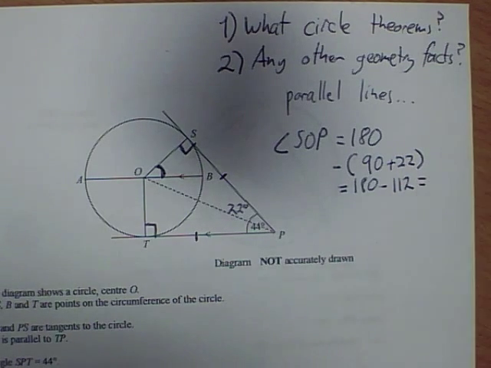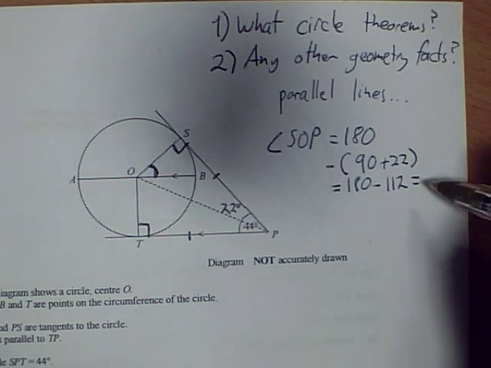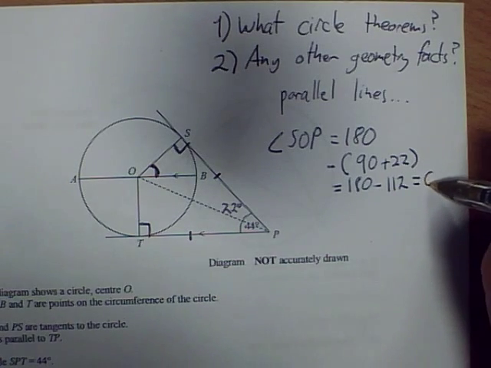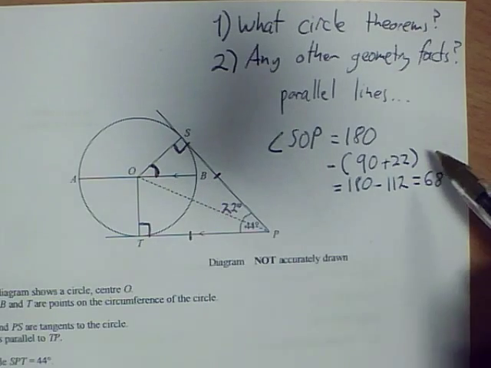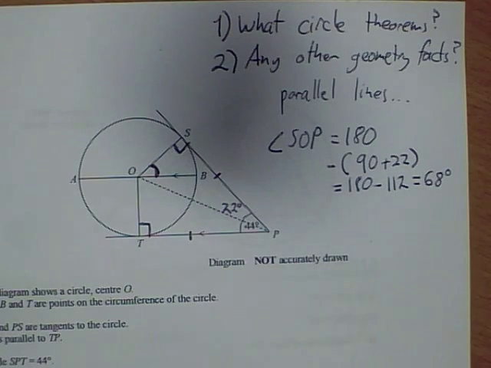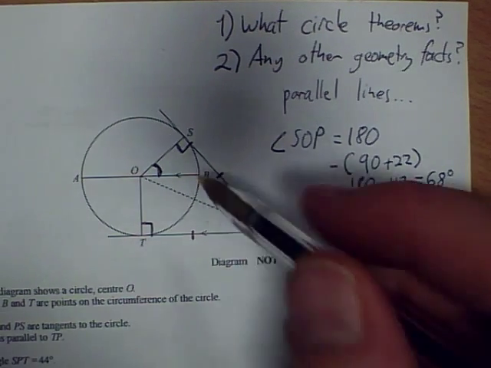And 180 take away 112 leaves me with 68 degrees. So angle SOB is 68 degrees. That's all of that.